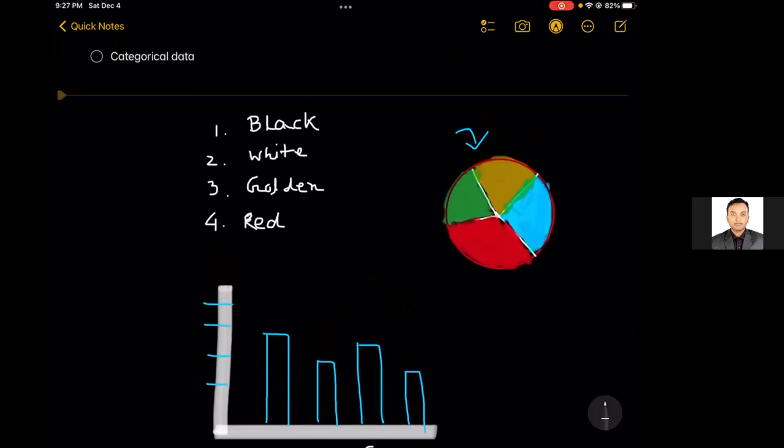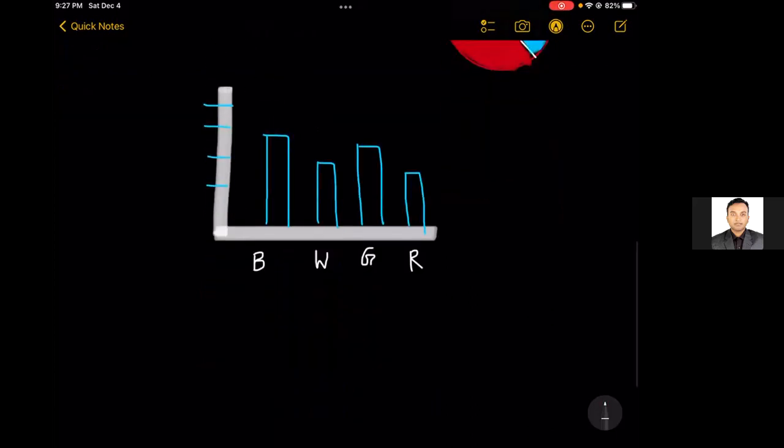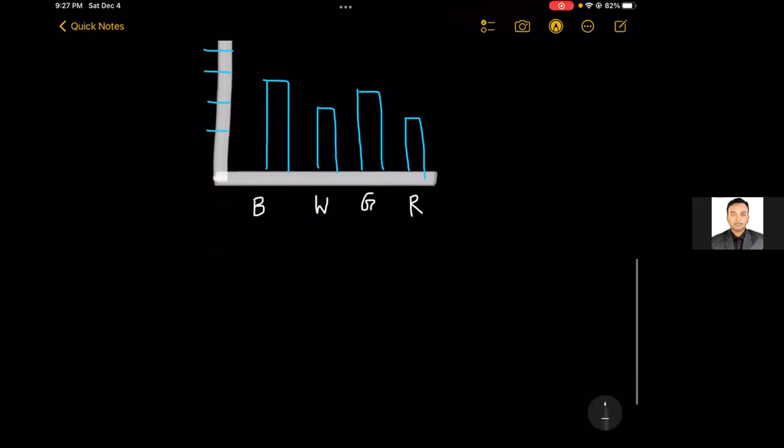Why? Because if you remember, for stem leaf, we actually differentiate the values. For example, if we have values like this, just a quick reminder, 10, 11, let's say 17, 25, 28.